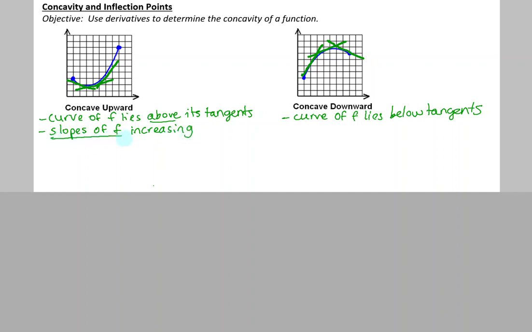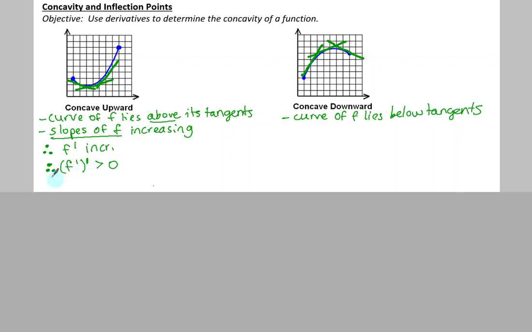Remember that slope of f can also be described as f prime, so I'll conclude that therefore f prime is increasing. And remember, when something is increasing, that something's derivative is positive. So I'll say therefore the derivative of f prime is positive.